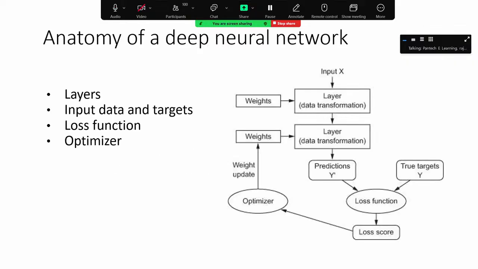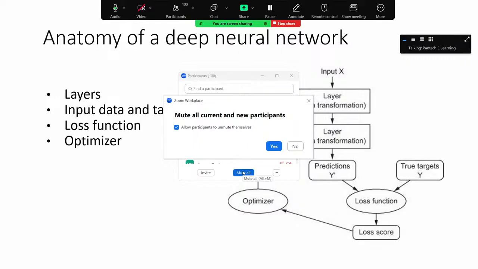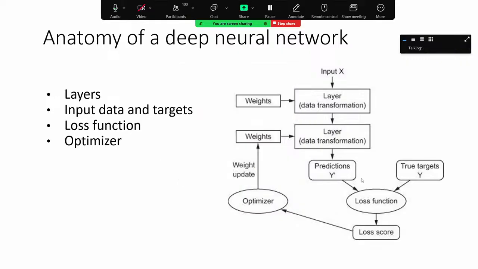So here the optimizer is a gradient descent function that can find the minima. Why do we need to find the minima?